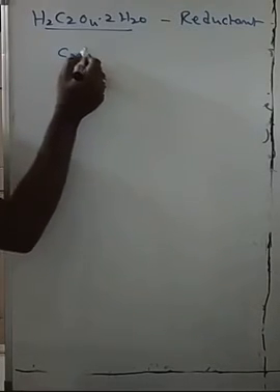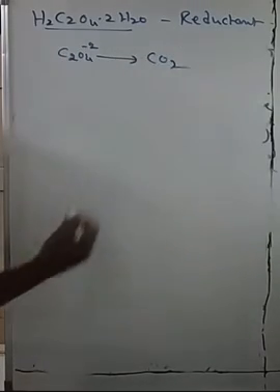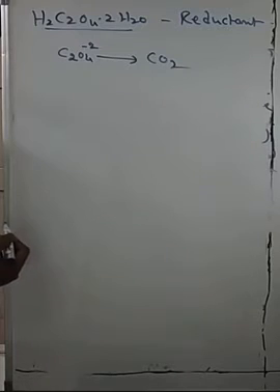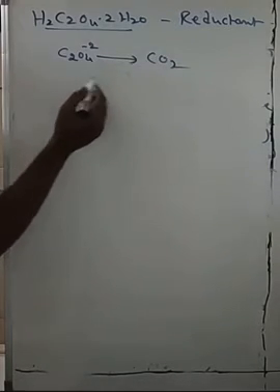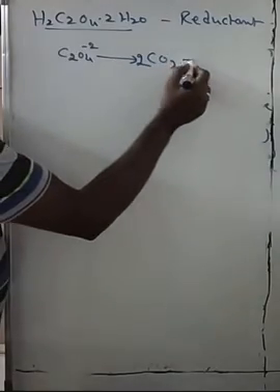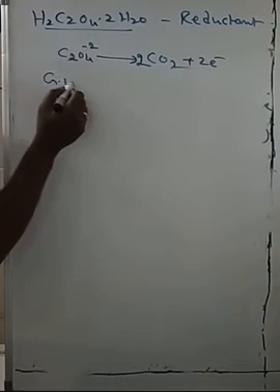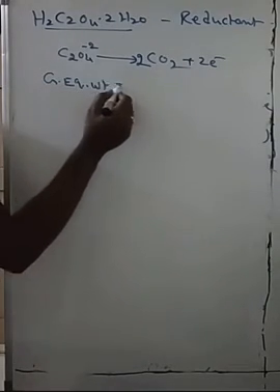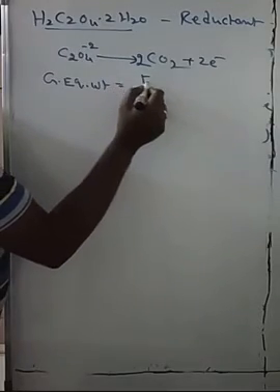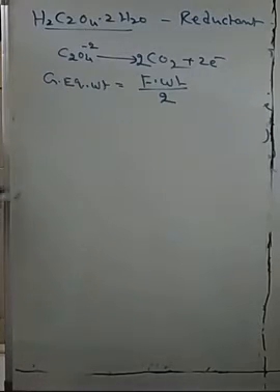C2O4 minus 2 is oxidized to 2CO2, and charges are balanced by 2 electrons. Therefore gram equivalent weight is equal to formula weight divided by 2, because 2 electrons are transferred for 1 mole of the substance.